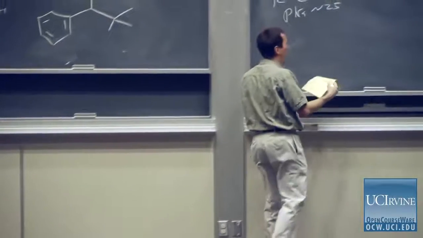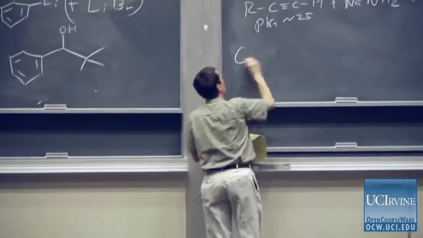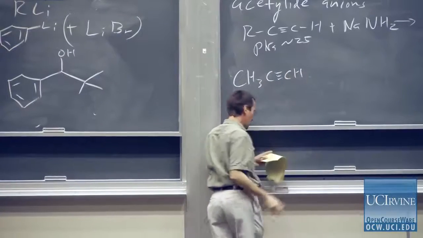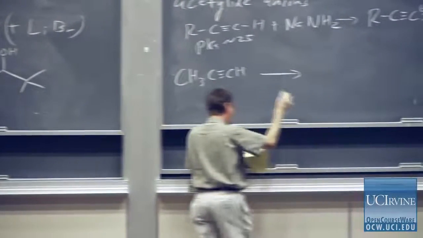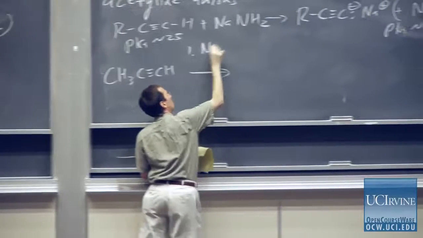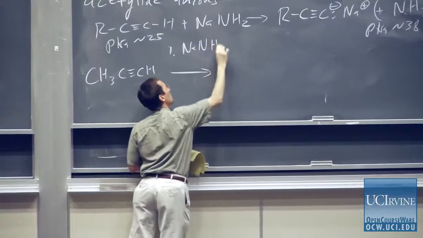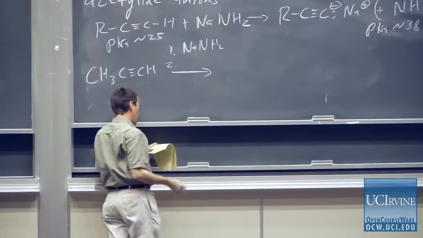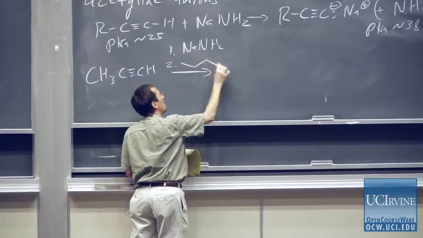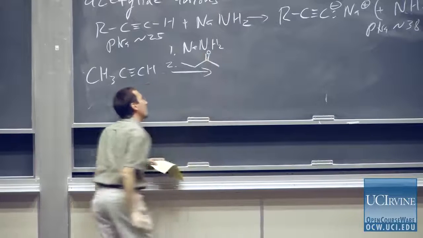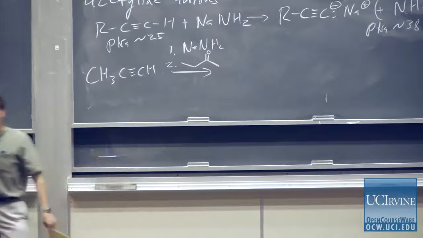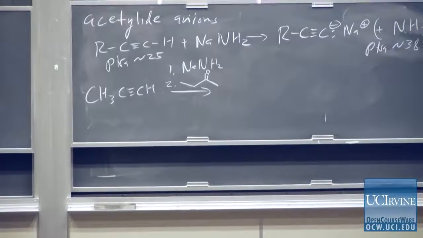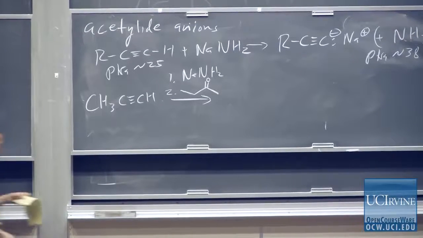And I'll write a synthetic equation here in which I take propyne and treat it with sodamide, NaNH2, which you can make by dissolving sodium metal in ammonia with a little bit of iron, and it reacts to give sodium amide. And for the heck of it, again, I'm just trying to give us a range of carbonyl compounds, I'll take 2-butanone.